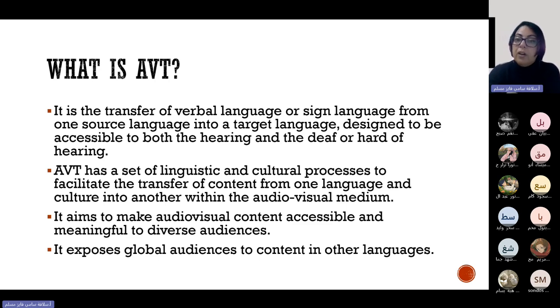No, the content of this country is available to a global audience. Like the Netflix platform, which has films and series from all over the world, and anyone who subscribes can see these videos, films, TV series, documentaries, whatever. So the goal of AVT is to send this message to as many people as possible throughout the world.